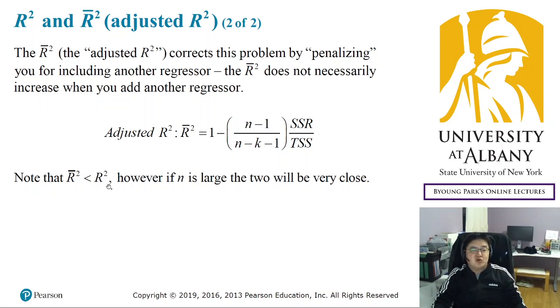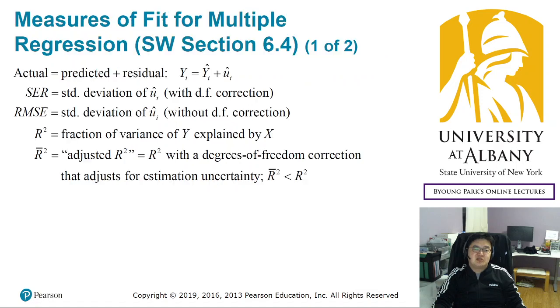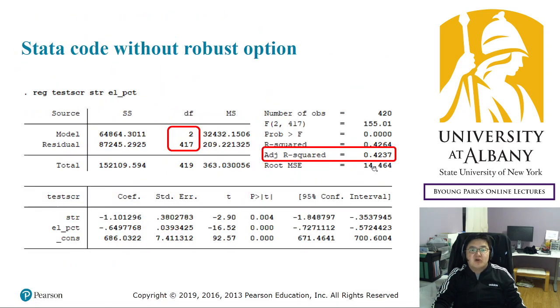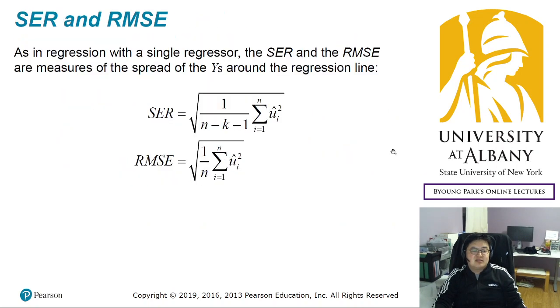So when you compare the adjusted R squared, usually it is smaller than the original R squared. Here, the original R squared is 42.64%, but after adjustment, it becomes 42.37. So it dropped a little bit, but the drop is not significant.